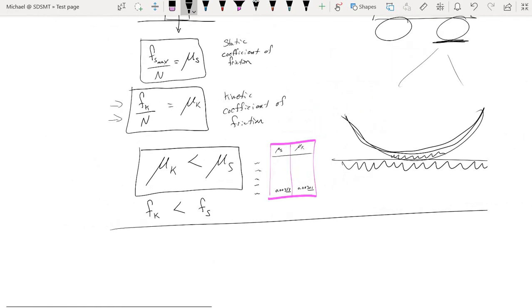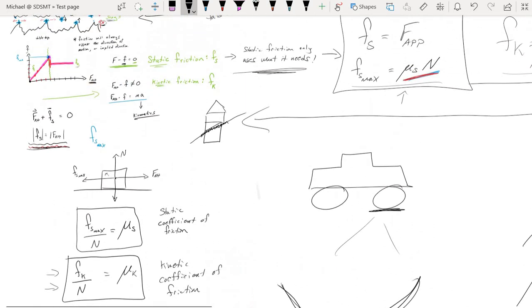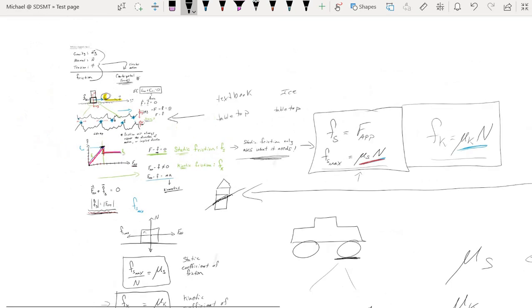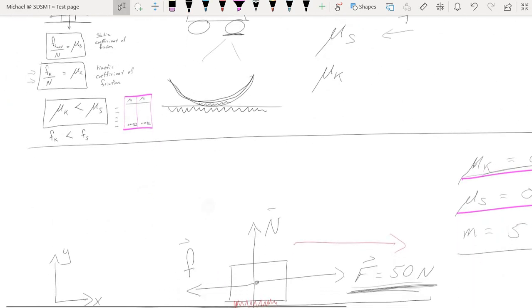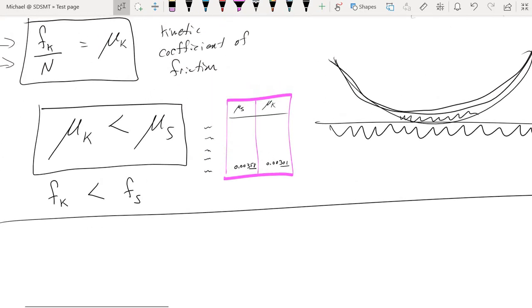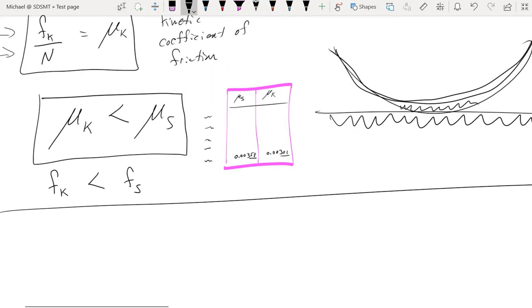Because remember, we always have to overcome the maximum static friction before we can start using kinetic friction. And so for any system that involves motion, you're always having to overcome the maximum static friction, and so your static friction is the maximum static friction.